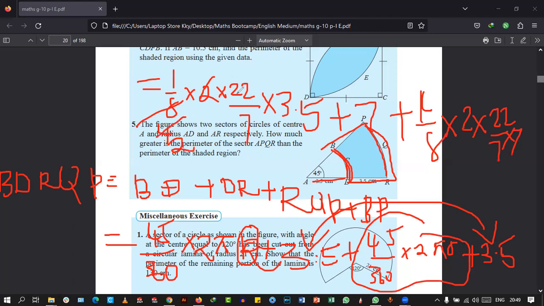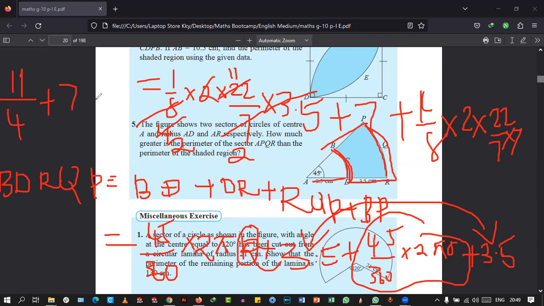If you solve this one and 2 and 2, the 11 will be there. And then we can have 2 over here. So then 11 divided by 4 will come here.